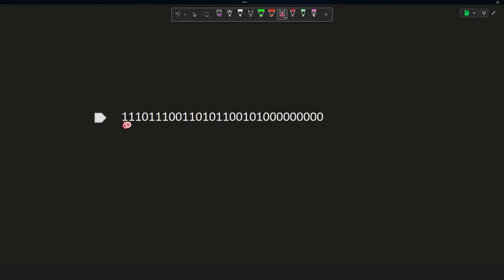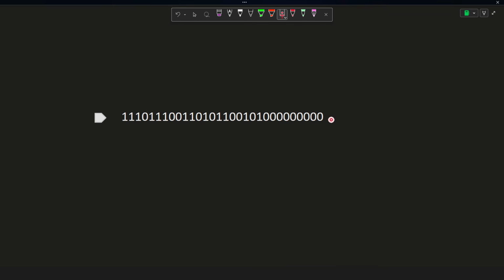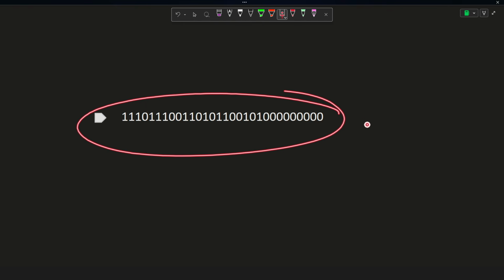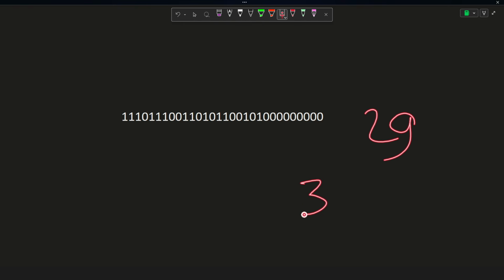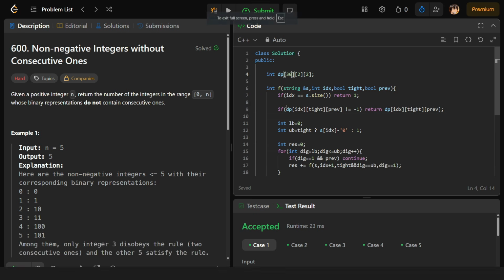So this will be our 0th index, first, second, and so on. So this will correspond to what index or what number? This will be nothing but our 29th index, right? So this will be our 0th index and this will be our 29th index, and this will be the maximum case, right? So in order to access this 29th index, you must declare a size of 30 at least for the index state. This will be nothing but 30, right?